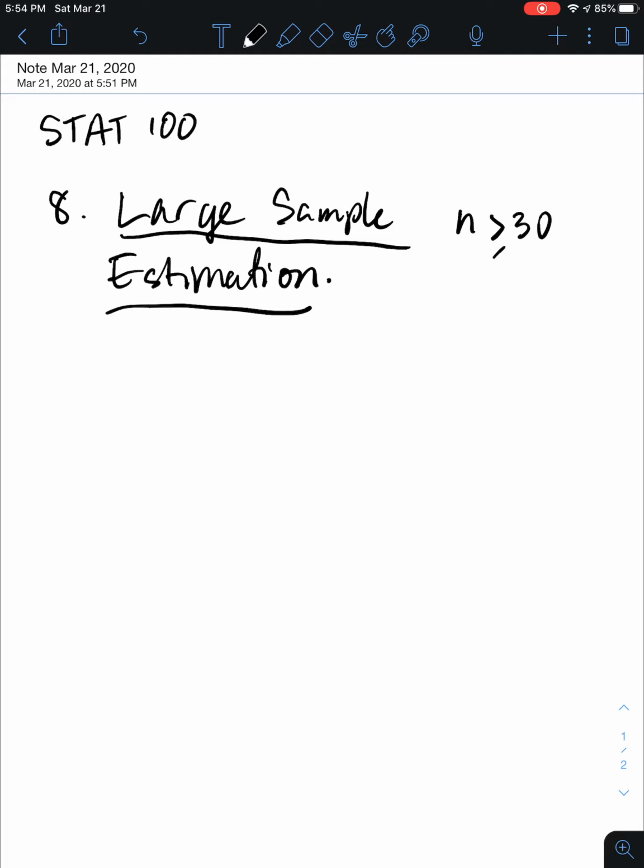Sample size is the number of individuals in the sample, and it's at least 30. We've talked about this before. Large sample always means sample size is bigger than or equal to 30. Estimation is something we haven't talked much about before, but this is what we're going to be talking about all in this chapter.